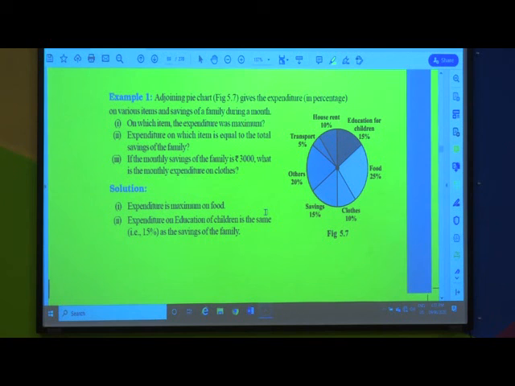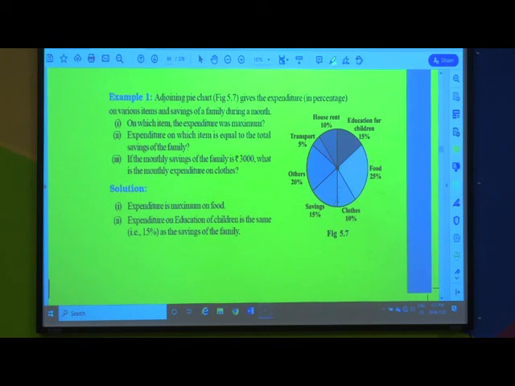Expenditure on which item is equal to the total savings of the family? If the monthly savings of the family is rupees 3000, what is the monthly expenditure on clothes? These are the questions. Now we shall study the pie chart and again we shall come to the questions.